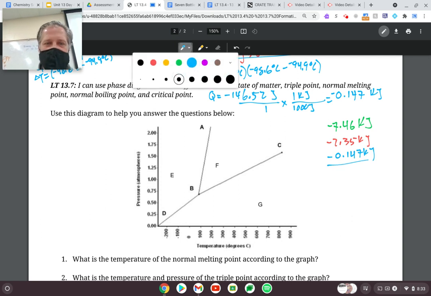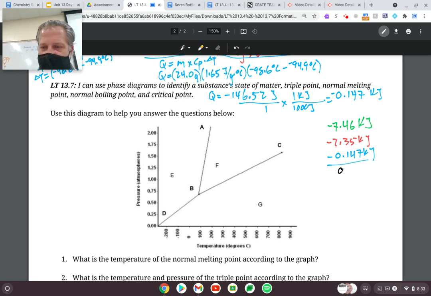And when I add all of that up, I get a value with the appropriate number of sig figs to be 9.96 kilojoules of energy present. Questions about that?